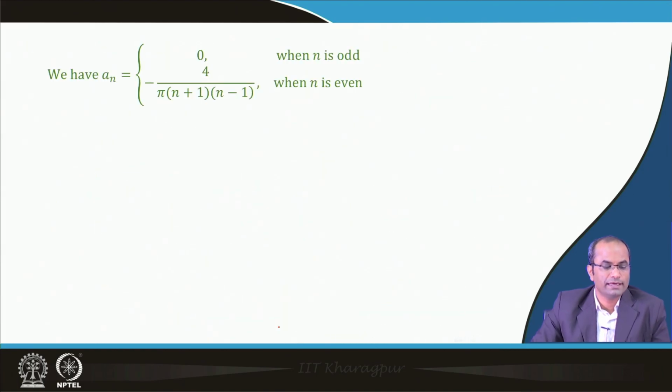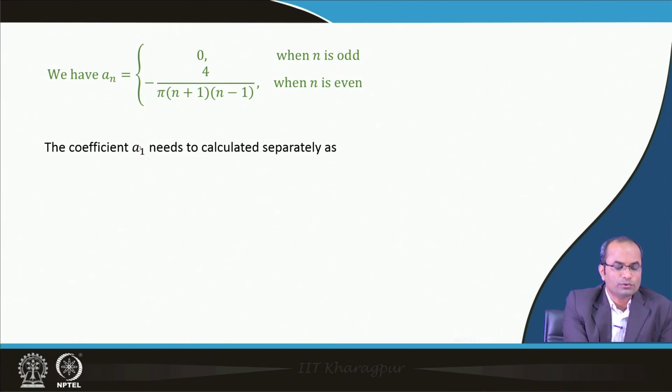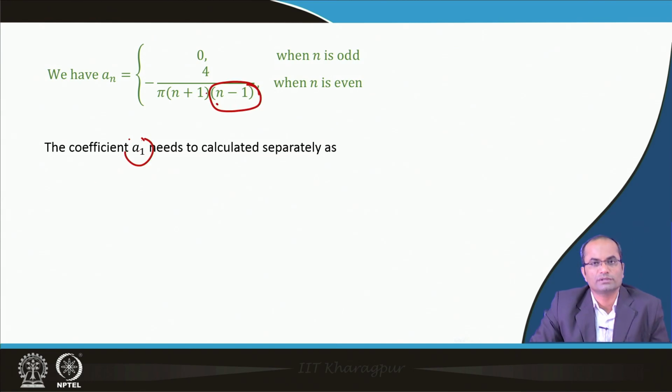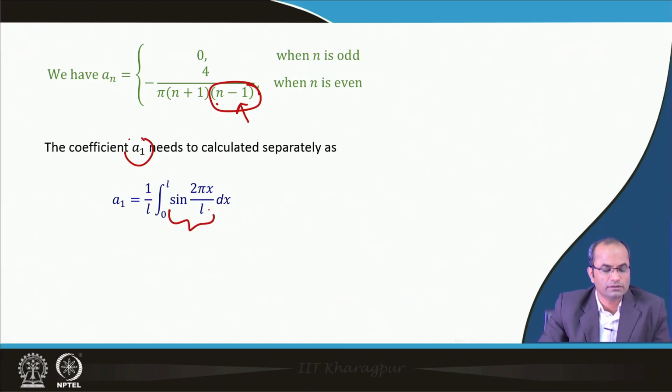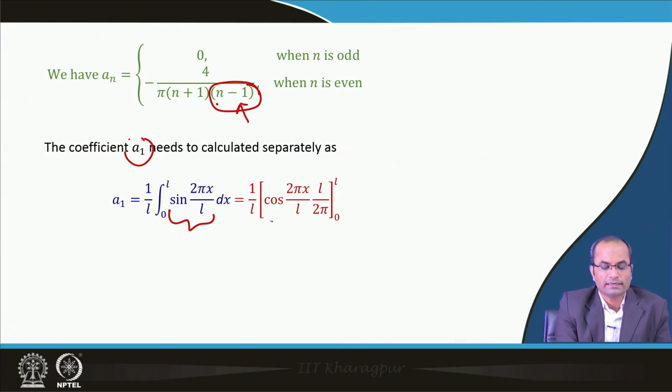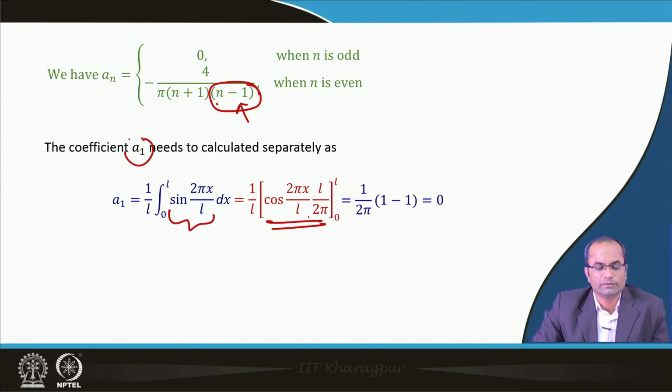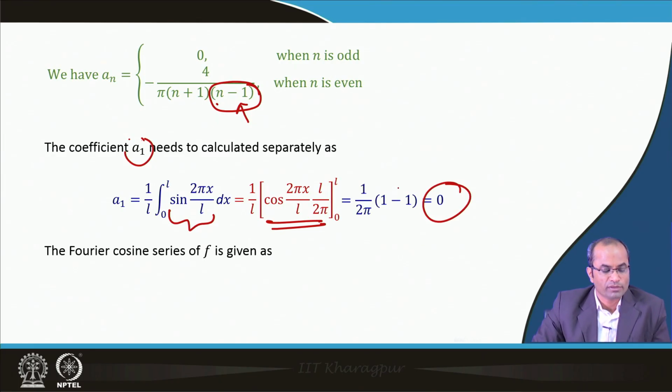So, we have this a n, and then we also have to compute a 1, because n equal to 1 was excluded in the computation, otherwise we cannot have n minus 1 in the denominator. So, this a 1 we calculate separately. That is the result for a 1 when we put n equal to 1 there, and that can be integrated, and we realize that a 1 is 0 in this case.